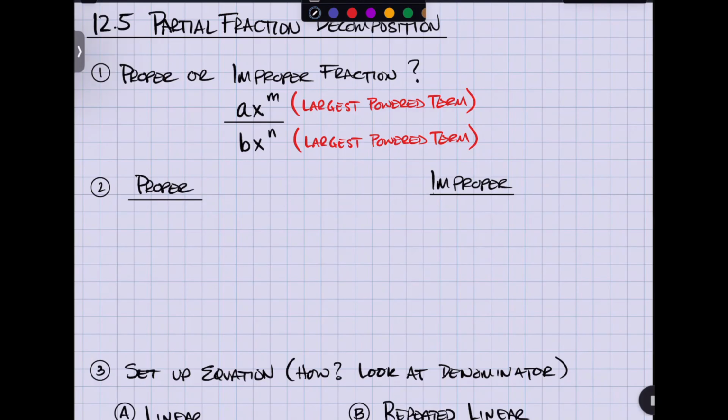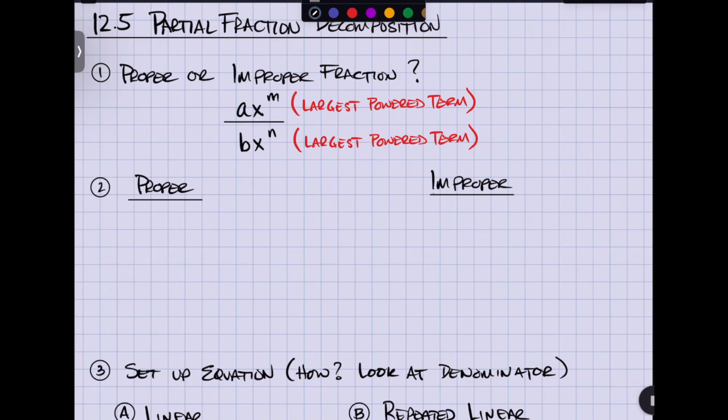However, in this case, we're not looking at numbers, right? We're not looking at 4/3. We're looking at the largest powered term on top versus the largest powered term on the bottom, just like if we were looking at horizontal asymptotes. Okay?